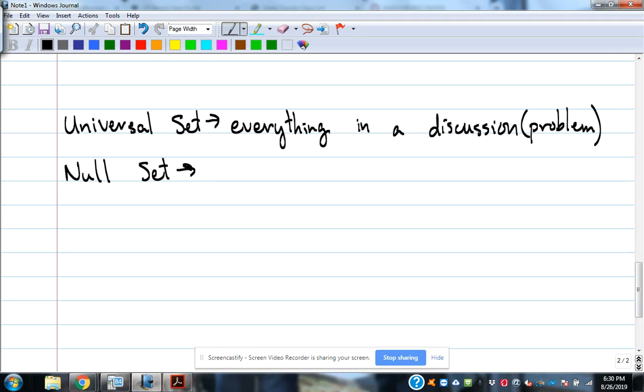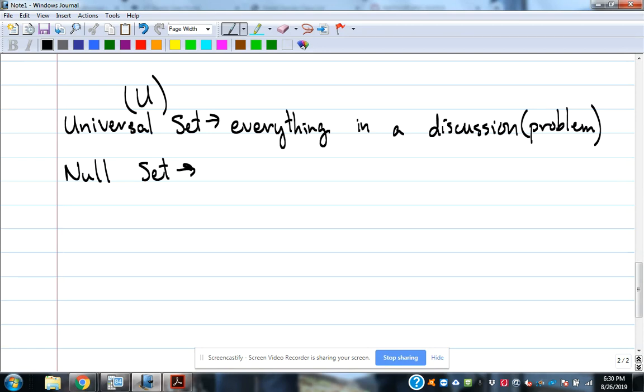Many times they will define the universal set using the letter U. They will say U, and it'll give you what the universal set is for that particular set of problems. Sometimes it might be the natural numbers. Sometimes it might be the numbers 1 through 20, depending on the situation. But it's everything that's in the discussion is the universal set.